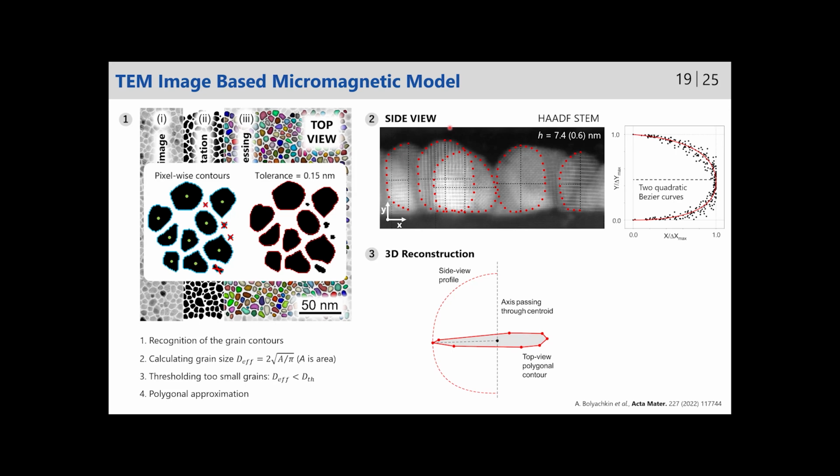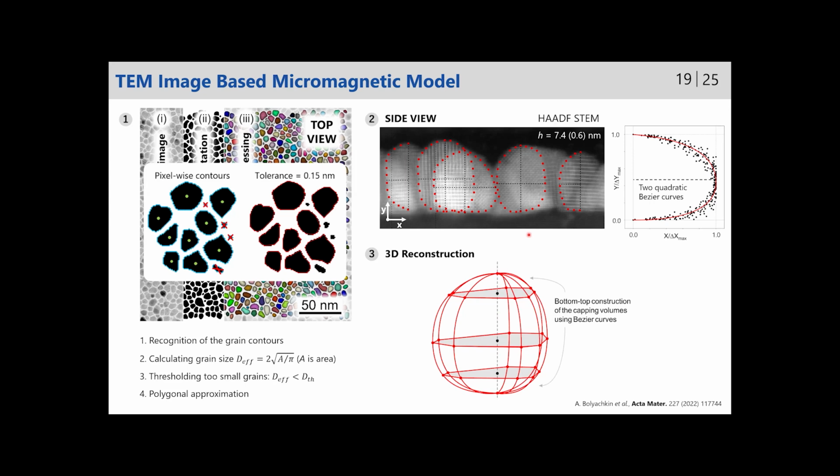And then when we have a top view contour and can prescribe a shape profile for each grain with some statistical variation, which can be extracted from the series of side view images, we can finally, through curvilinear extrusion of the contour, reconstruct the final shape of the grain.